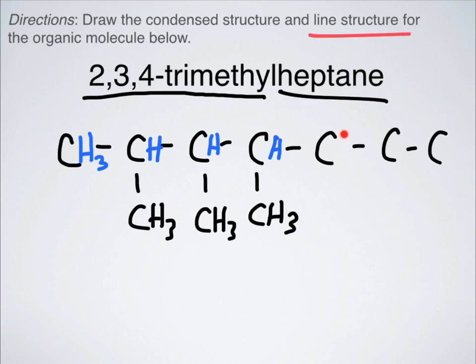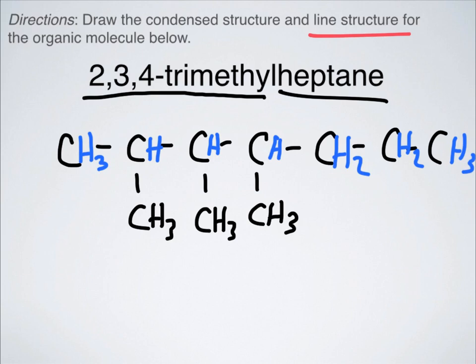So this guy only has 2 things, so it needs 2 hydrogens to make that happy, and this guy needs 2 hydrogens, and this guy needs 3 hydrogens at the end. So this is technically the way that we would draw it. So we have heptane going all the way across. Okay, that's what this entire thing is. That's heptane. And then we have 2,3,4 trimethyl heptane.